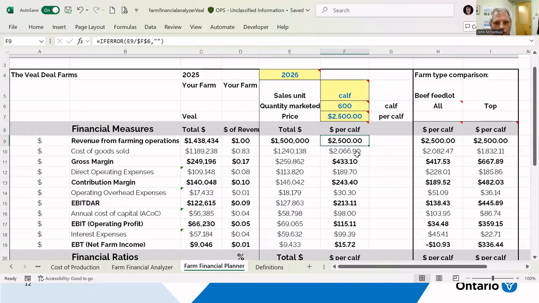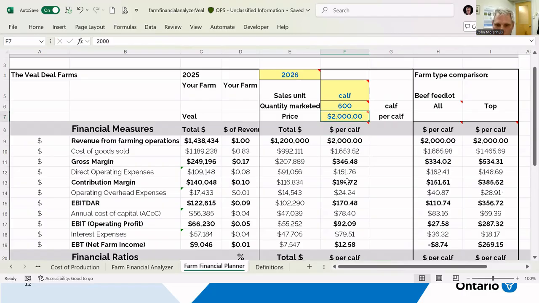So for a $2,500 calf, you'd be spending $2,000 on cost of goods sold, and all these other different categories, and you end at 1572. So you do some planning. If it's $2,000 a calf, what's it going to look like, and what are some of those different things that you're looking at from that perspective.